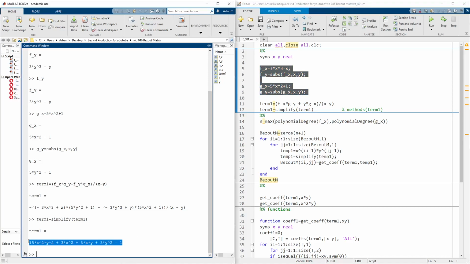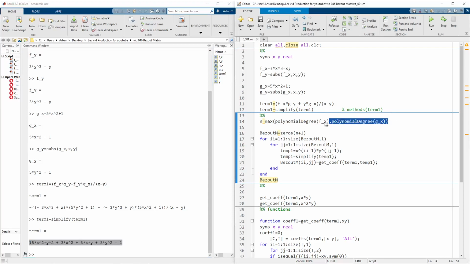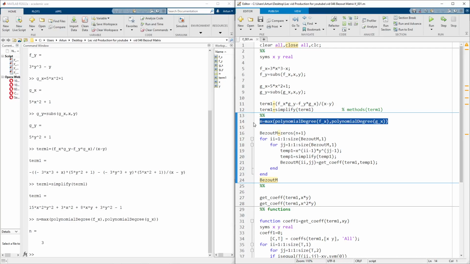Now, by using this two-variable polynomial, you need to construct that Bézout matrix. Since we need to construct our n plus 1 by n plus 1 matrix, first of all, let's determine what n is.